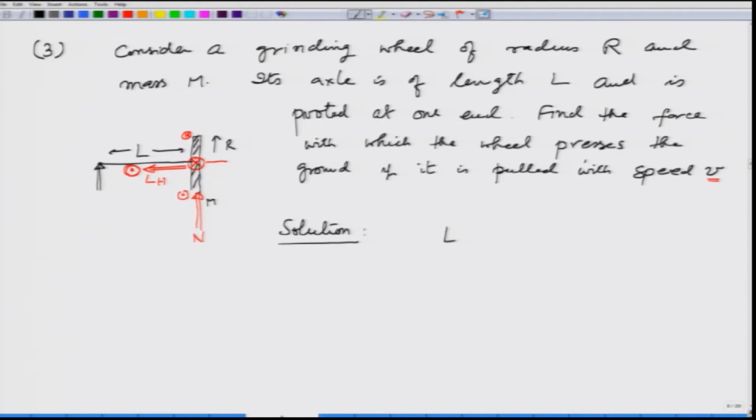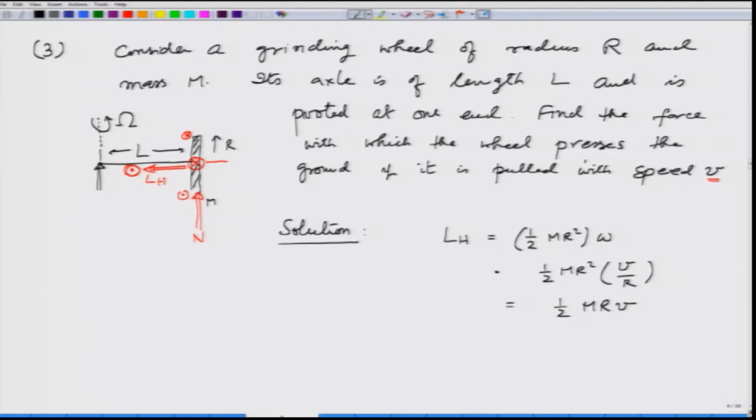L horizontal is equal to 1/2 mr square, which is I, times omega, that is the rotational speed of the wheel, which is nothing but 1/2 mr square v over r, which comes out to be 1/2 m r v. The whole thing is rotating about this vertical axis by some omega.